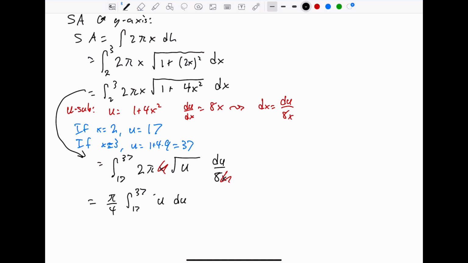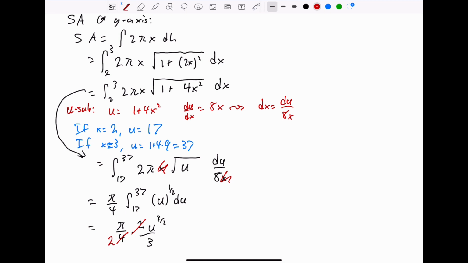Square root of u I could write as u to the 1/2, and we use the power rule to integrate here. The antiderivative of u to the 1/2 is u to the 3/2 divided by 3/2. So we have pi over 4 times u to the 3/2 divided by 3/2, which is the same as multiplying by 2/3. All right, we can do a little bit more simplification here. We can simplify the 2 over 4. These cancel and I'm left with a 2 here.